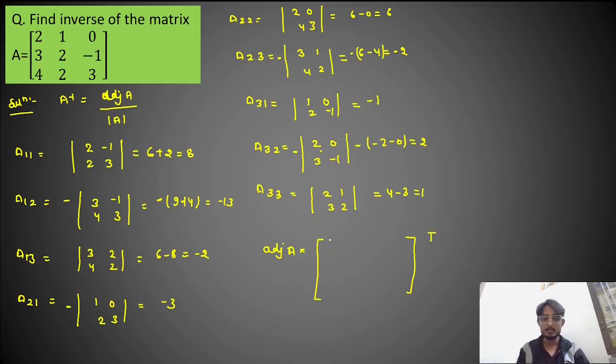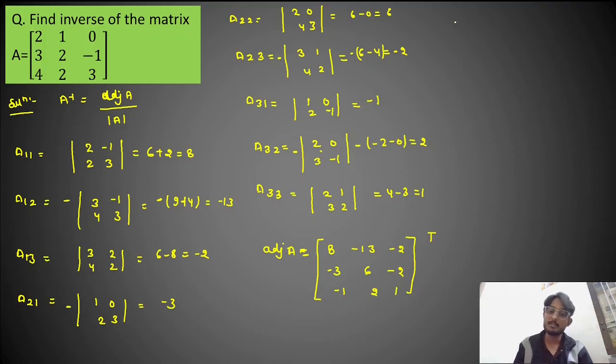Write the cofactors as 8, minus 13, minus 2, then minus 3, 6, sorry, what is minus 3, I have to erase this, minus 3, 1, then 6, then minus 2, then minus 1, then 2 and then 1.